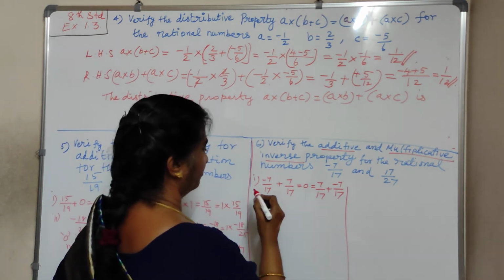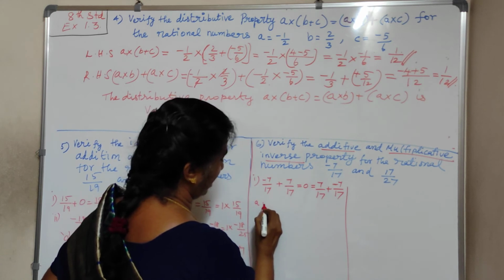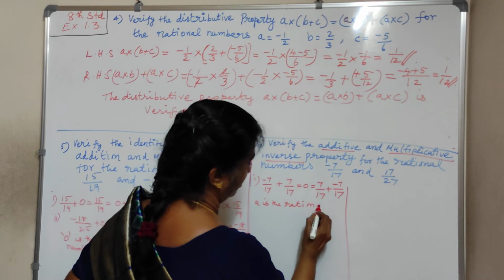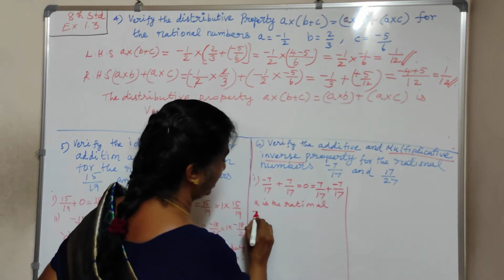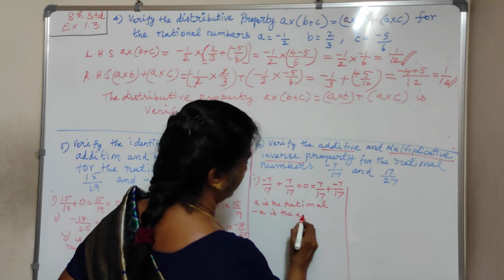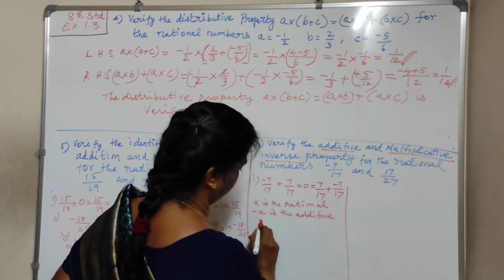So here let us consider A is the rational number, then minus A is the additive inverse.